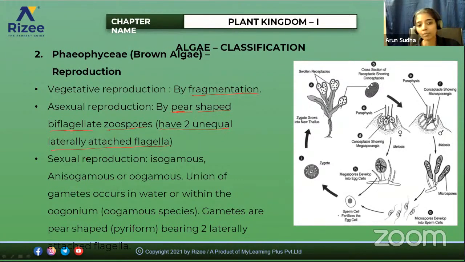Actually, if you take the structure of flagella, there are different types. When you study the cell chapter, we'll study about the different types, that is monotrichous, ditrichous, and so on. If you take Euglena, which we saw under Protista, the type of flagella present in Euglena is called heterocont. What do you mean by heterocont?